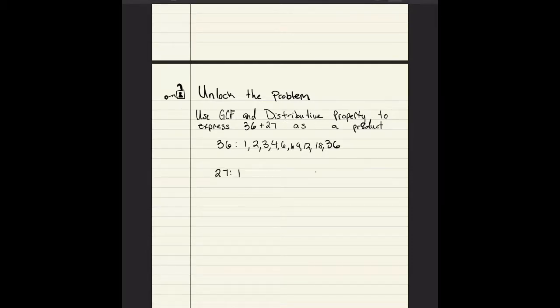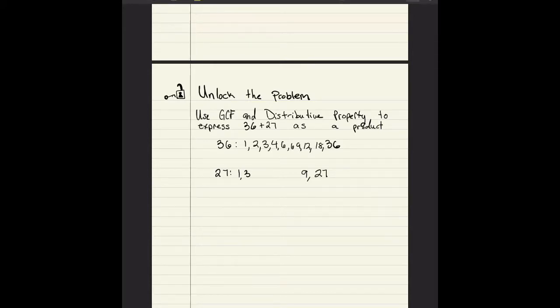We have 1 times 27 is 27. 2 cannot go into 27, but 3 can. How many times? 9 times. 4 can't, because 4 goes into 28. 5 can't, because it's not ending with 5 or 0. 6 can't. 7, 8 can't, but we are back at 9, so we're done.